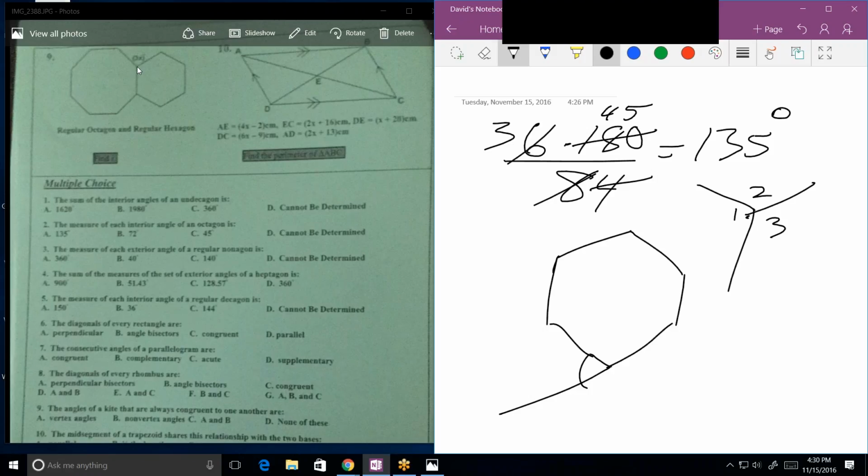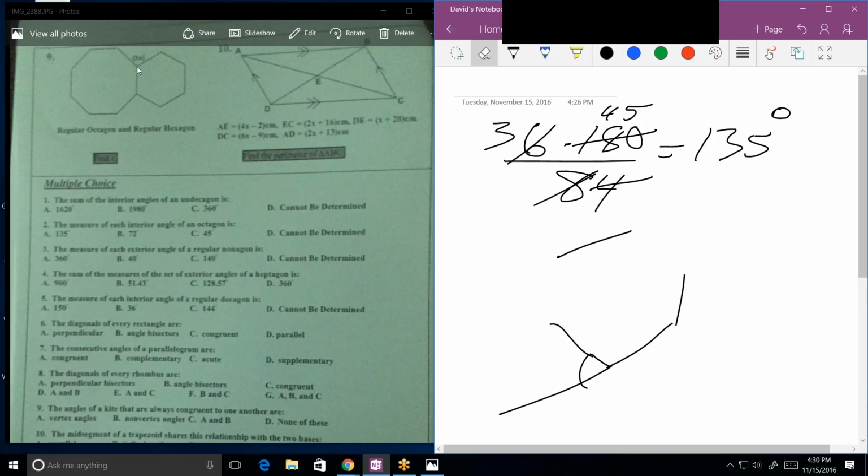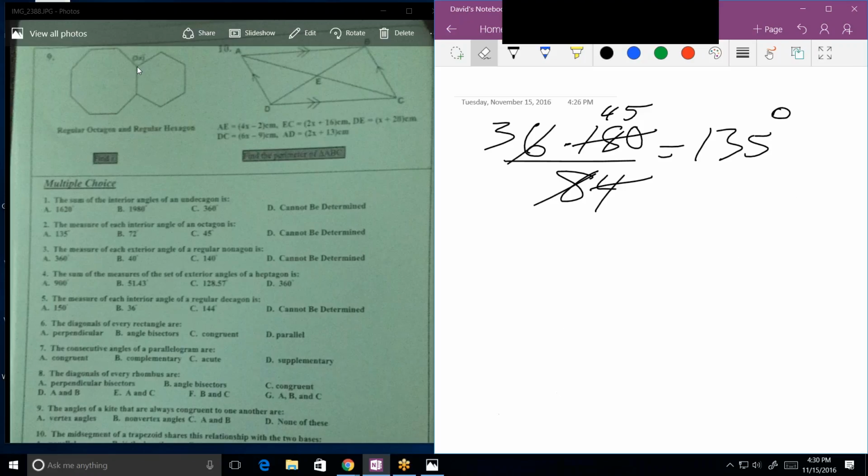So that would be 4 times 180, which would equal 720. 720 divided by 6. Always remember the denominator is going to be 2 more than that. Let's simplify. 6 goes into 180 30 times.